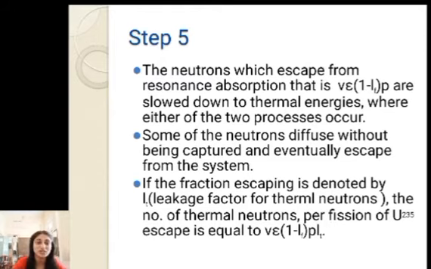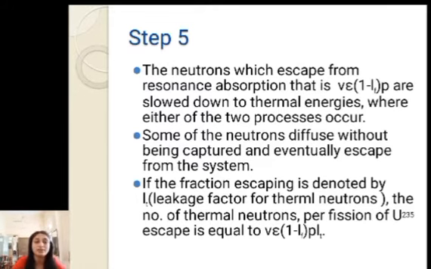If the fraction escaping is denoted by LT, this LT is called the leakage factor for thermal neutrons, because now the neutrons have already passed through moderator atoms, and from fast neutrons they have become thermal neutrons. So LT is the leakage factor for thermal neutrons.